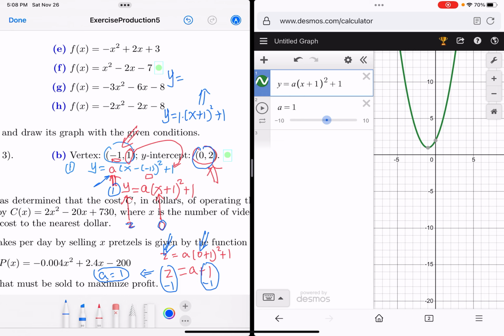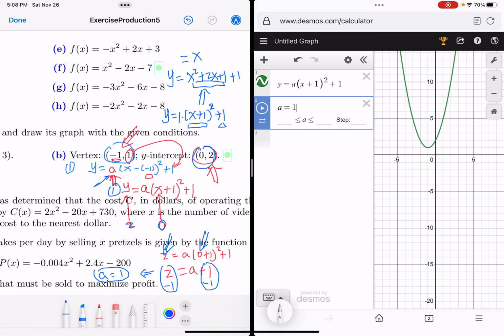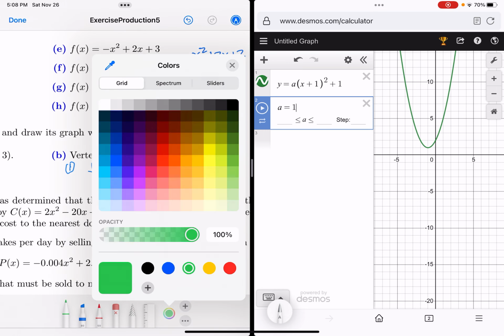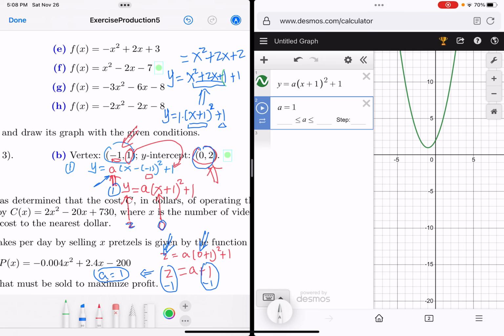When you expand this, you shall have x squared plus 2x plus 1. But you have another one right here, so you plus 1. Here you do it by the FOIL method. And then you have x squared plus 2x plus 2, because you add these two together.